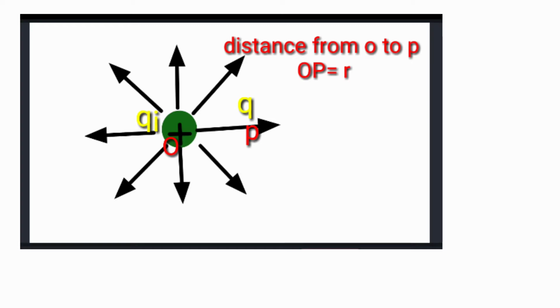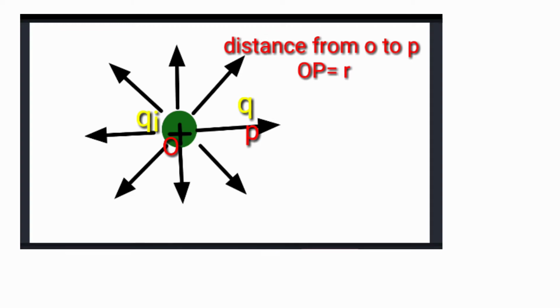The electric field due to a charge Qi at a point in space may be defined as the force that a unit positive charge would experience if placed at that point. Simply, the electric field is the force experienced in the surroundings of the charge. The total surrounding is called an electric field.